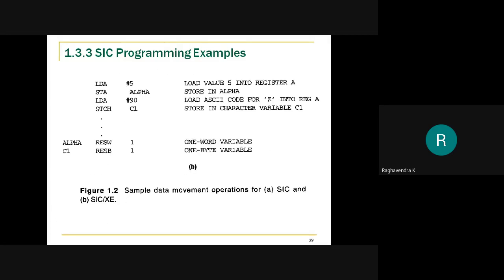So look at the same program, but this time this is written for SIC bar XC. Can you identify the difference between the previous program and this program?